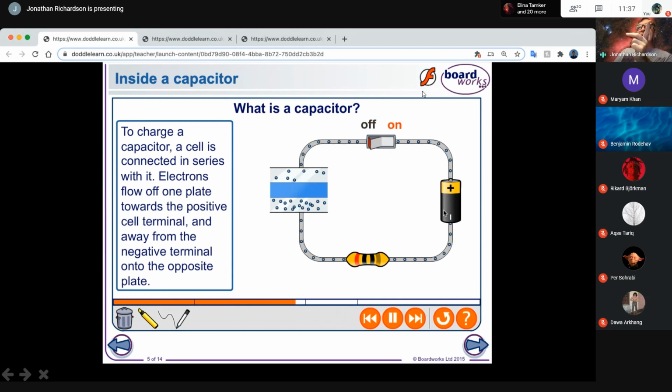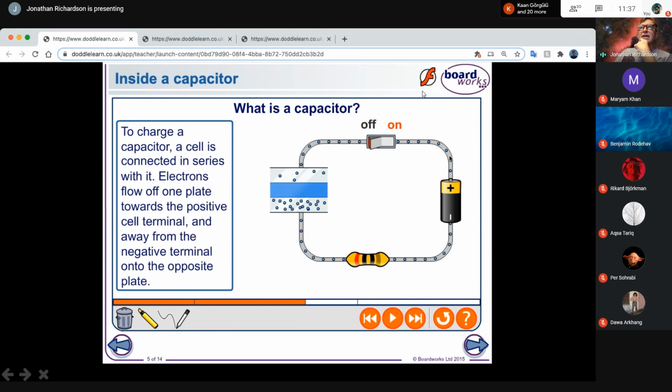so I can now cause the electrons to travel around the circuit, what you can see is the electrons have flowed from the positive plate into the battery, through the battery, and onto the negative plate. And in theory, what has happened is the electrons have gone from this plate to this plate, but they haven't traveled through the insulating material.